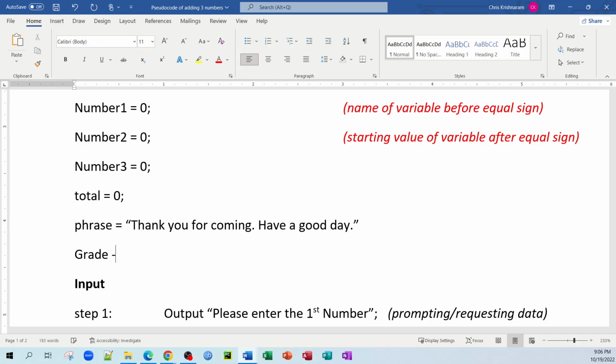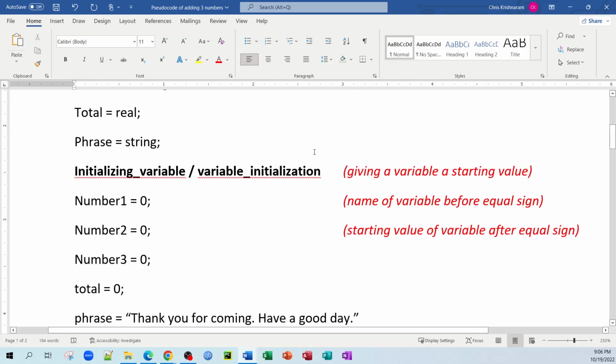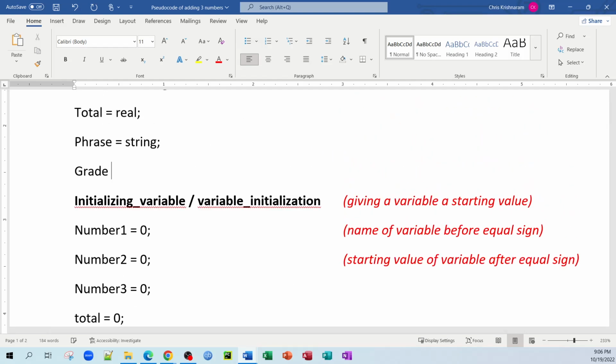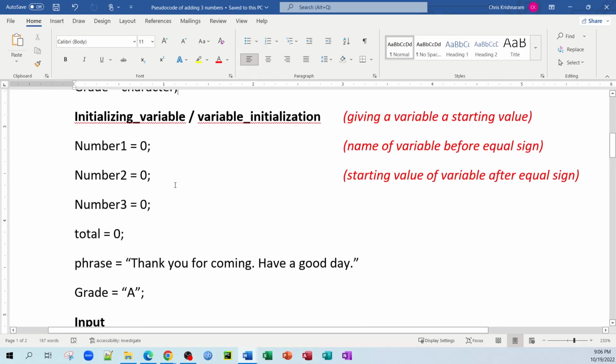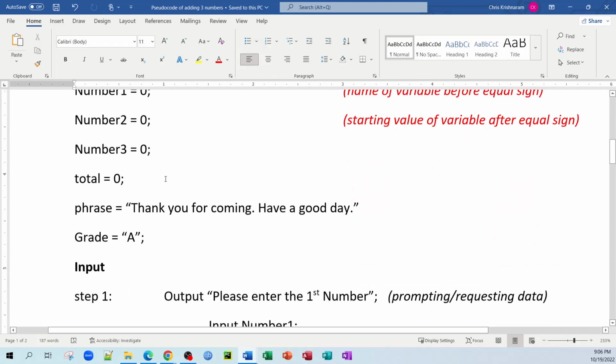So grade equal A. That's how you can initialize that variable grade and give it a letter A inside of it. It starts off with the letter A. At the top here, grade equal character, because I have to declare. Good. So that is declaring, that is initializing.